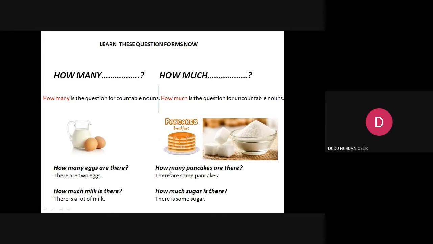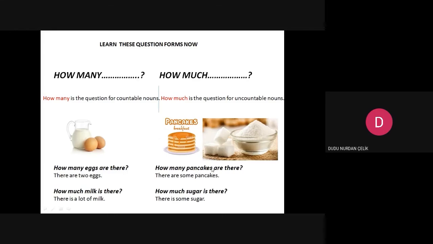Look at this question about pancakes. Pancake is countable also. So when we want to ask the quantity of a pancake, we must use how many question and how many pancakes.